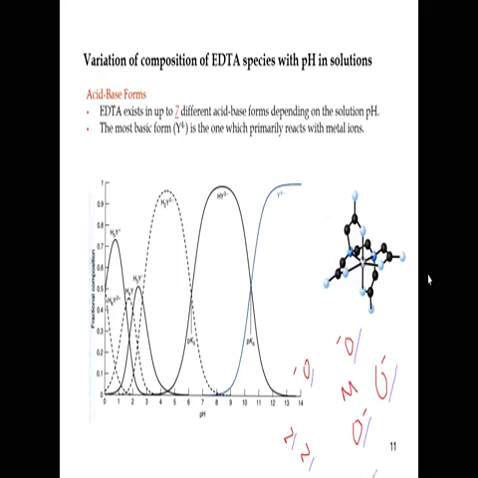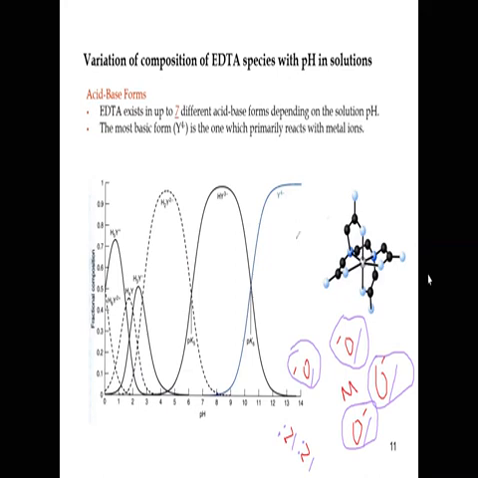The metal ion is in the center, and to make bonds, the lone pairs should be available, and all 4 carboxylic groups should have been ionized or dissociated, right?